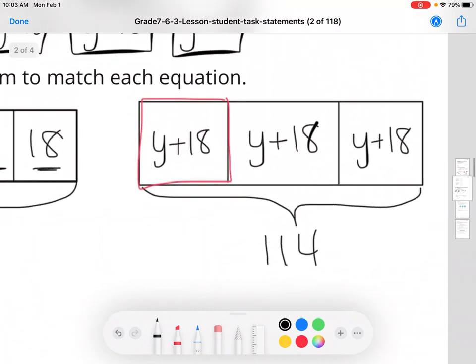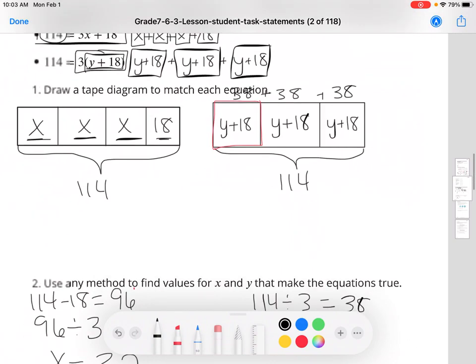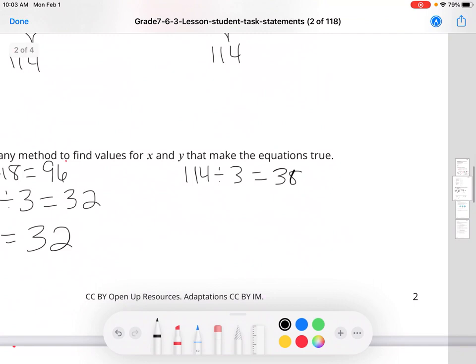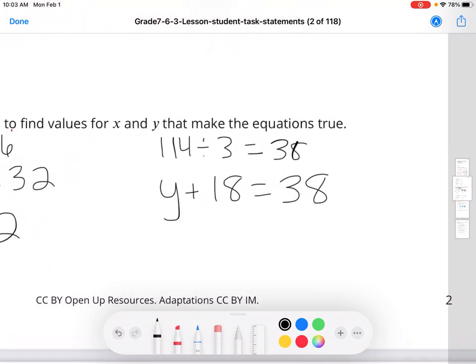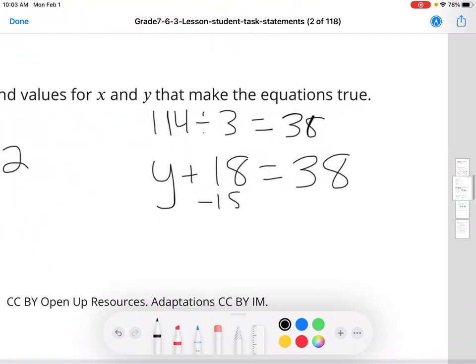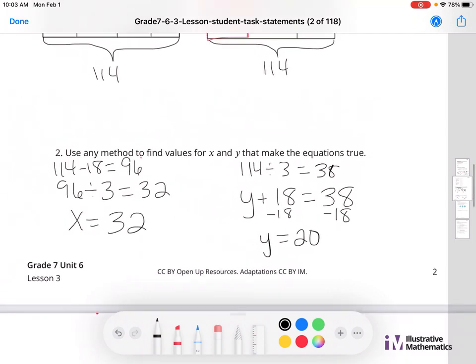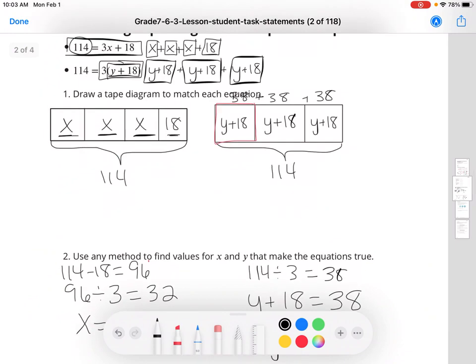So I know that each of these boxes represents 38, 38, 38. So if each one equals 38, then I know that y plus 18 has to be 38. So then I could just subtract 18. So 38 minus 18 is 20. So I know y equals 20.